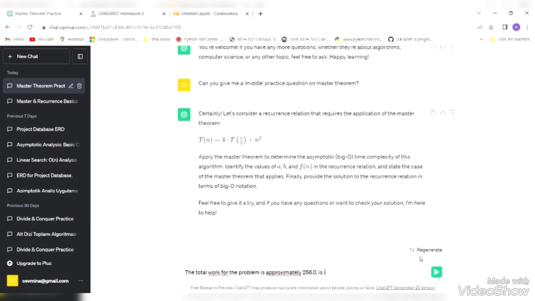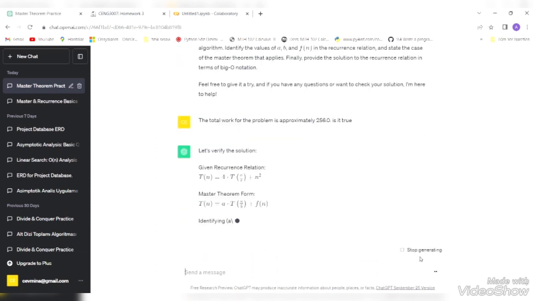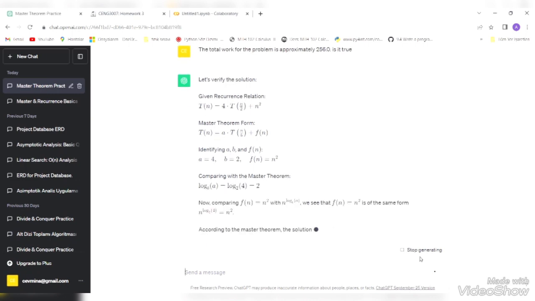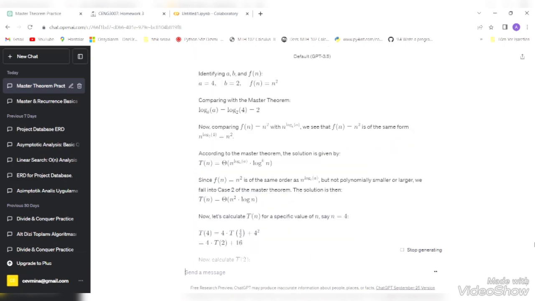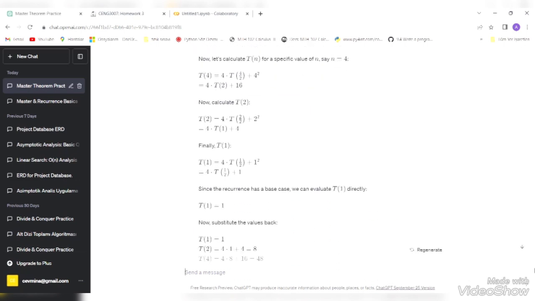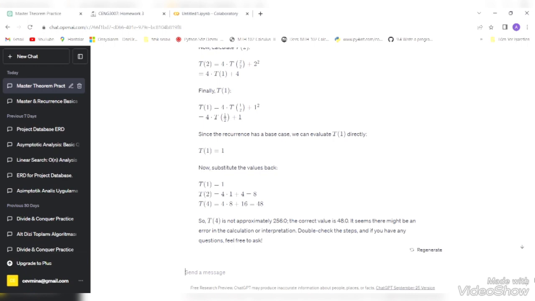Is it true? Size 4, yes, the correct value is, I don't know. I don't know.